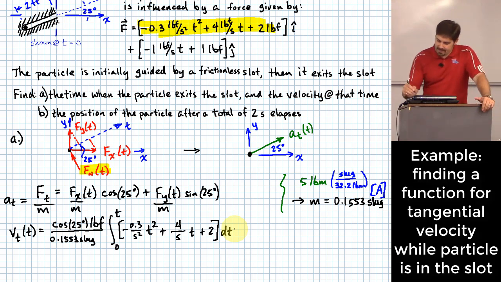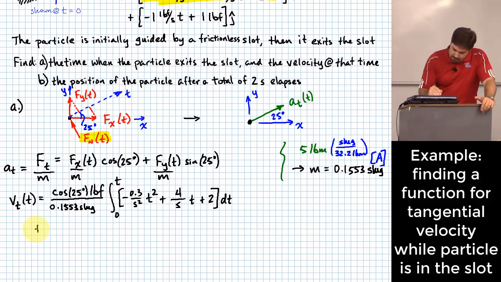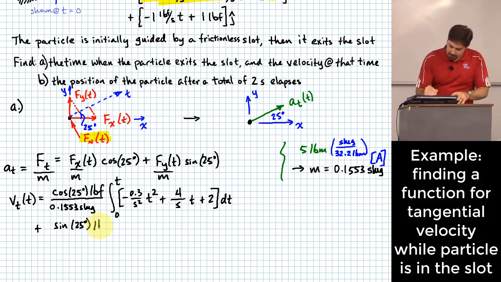To this, I need to add the contribution from my y component of force, and that is just going to be equal to the sine of 25 degrees. Again, I'll pull out my pounds force. Down here I have the mass.